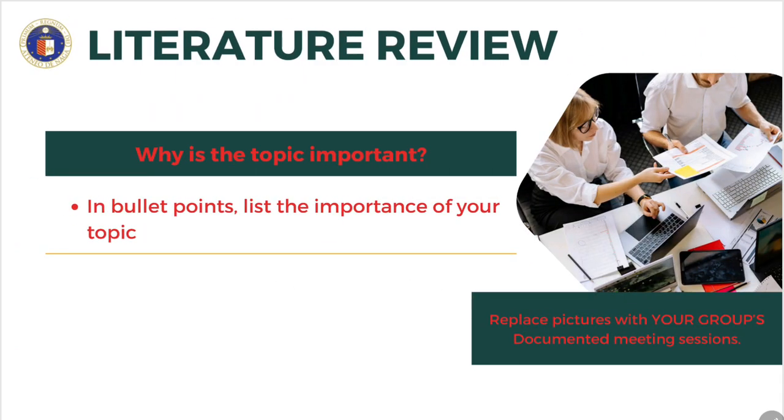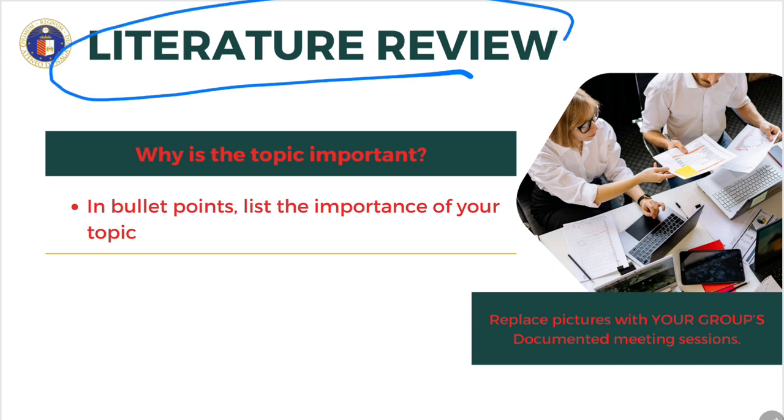Okay, now we proceed with the literature review. Okay, and we somehow review the importance of the study. So you can practically go back to the slide on the background of the study.